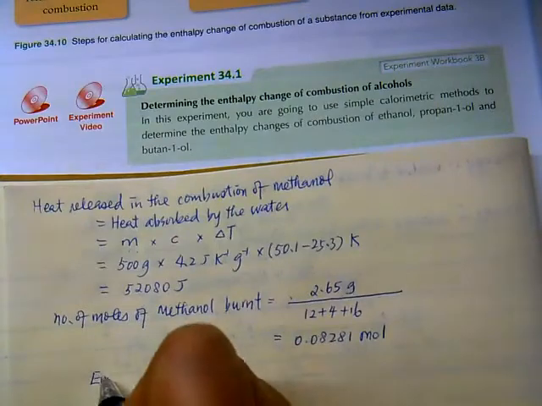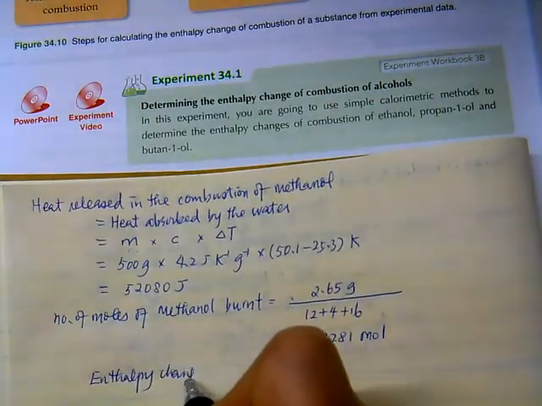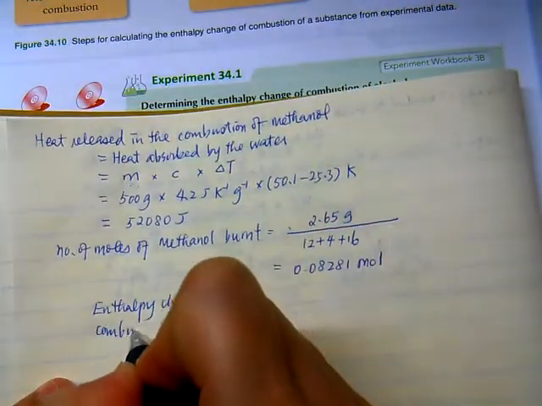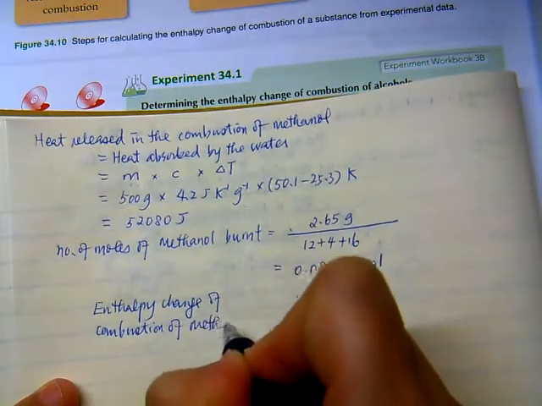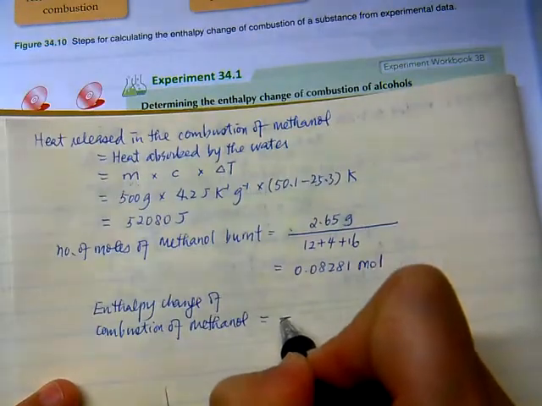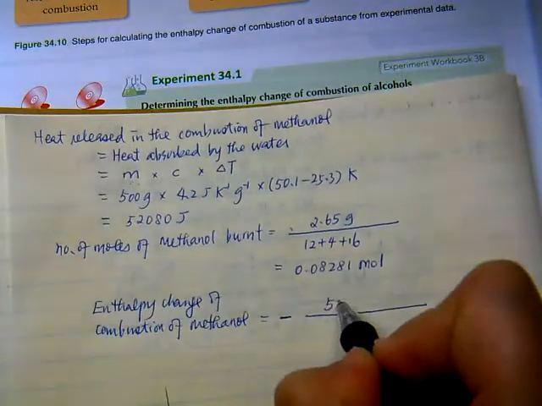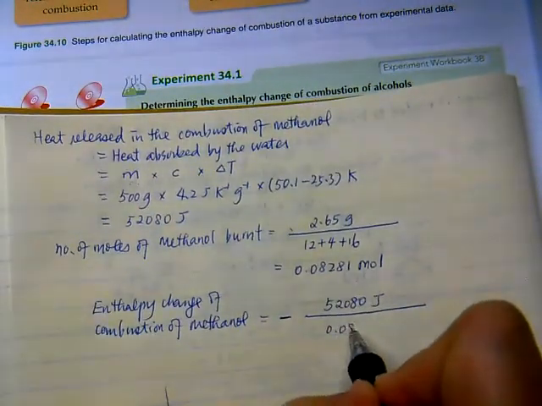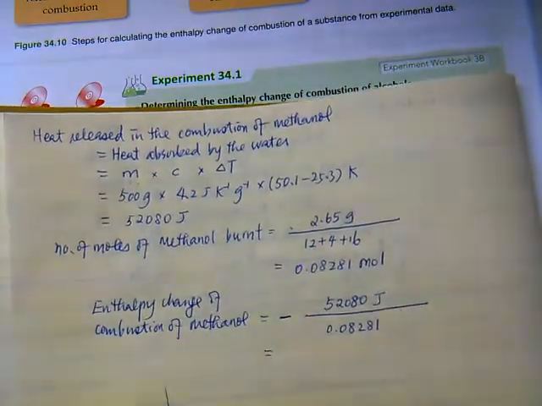Lastly, work out the enthalpy change of combustion of methanol. What is the sign, positive or negative? Temperature is increased, so we must have a negative sign. 52080 joule over number of moles of methanol burned.